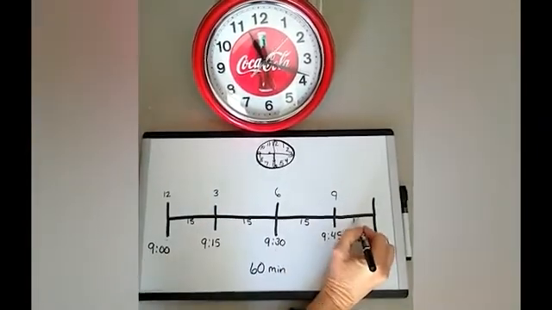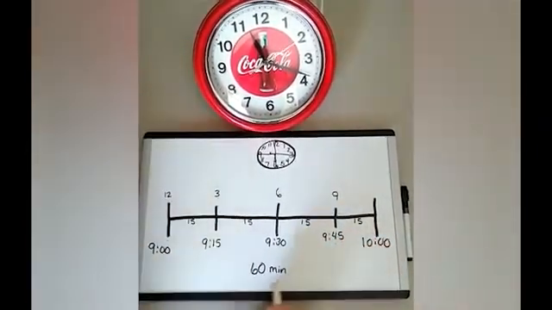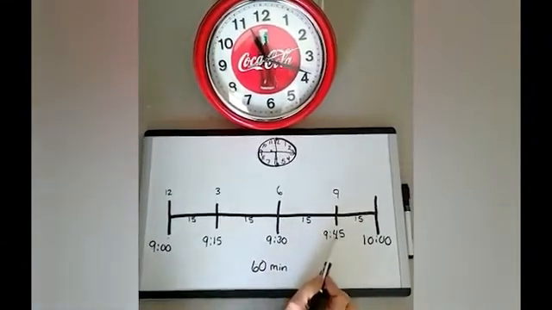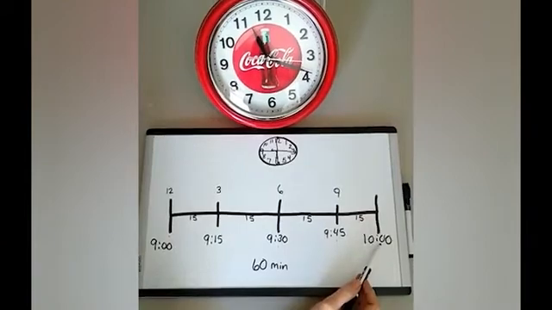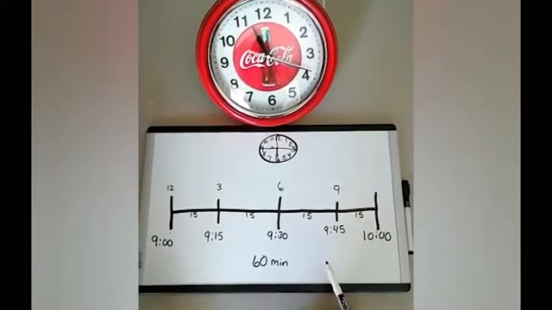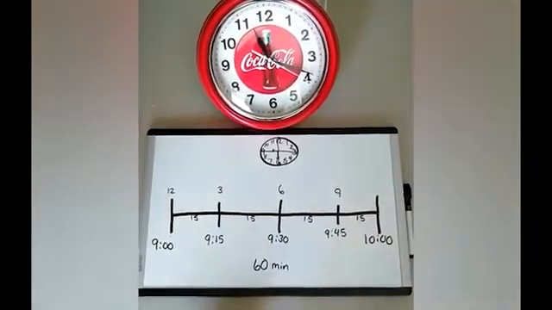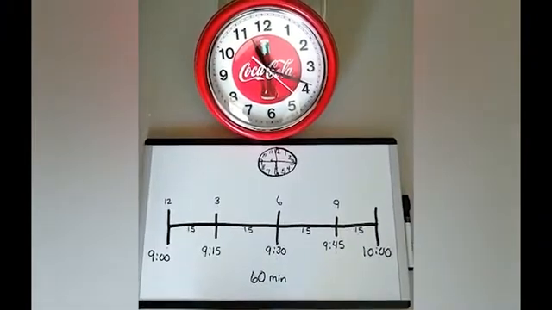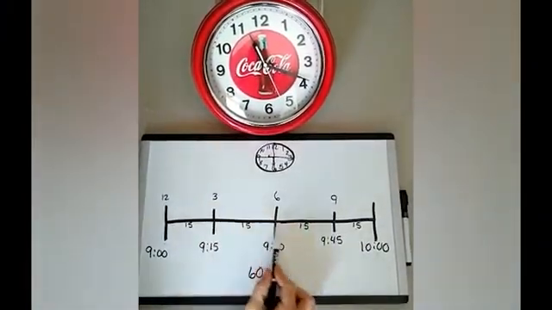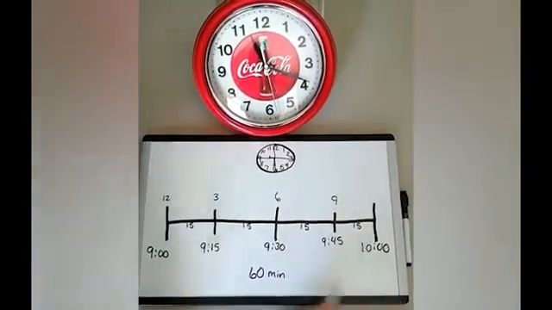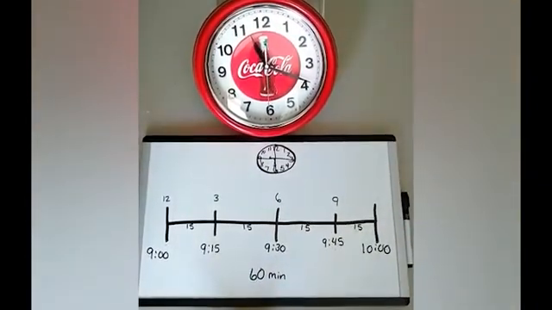So this place has to be worth 15. 45 plus 15, that's 60. So that gets me back to o'clock. So boys and girls, I hope this helped you understand that every one of these spaces is worth 15 minutes on our number line.